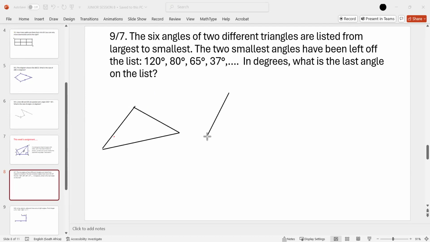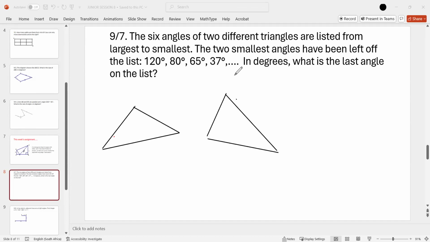I'm not drawing them to scale. I don't know what these angles are. So you've got 2 different triangles. Okay, that's the starting point. And the 6 angles are listed from the largest to the smallest.